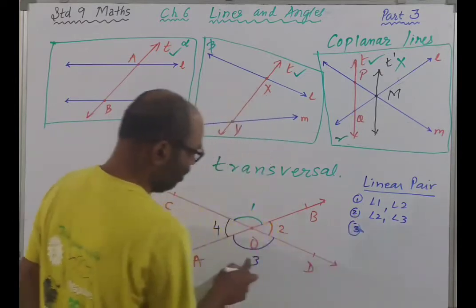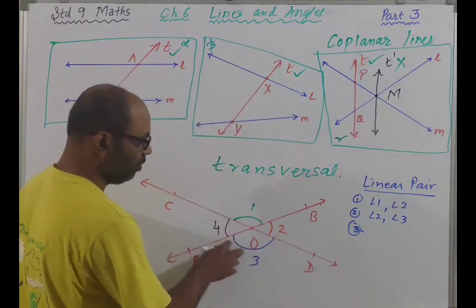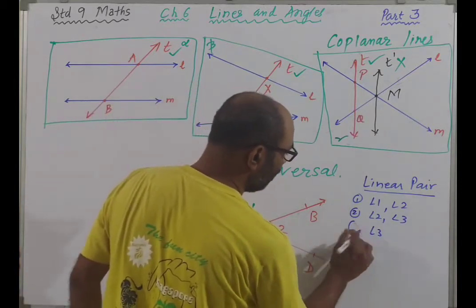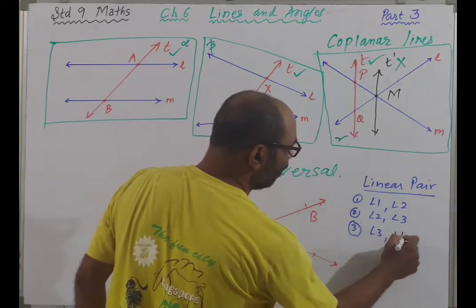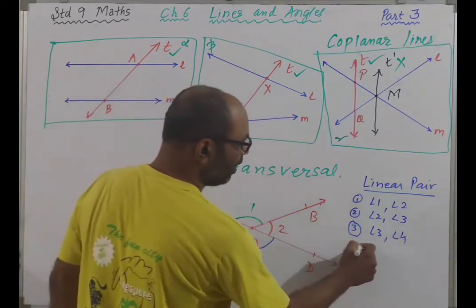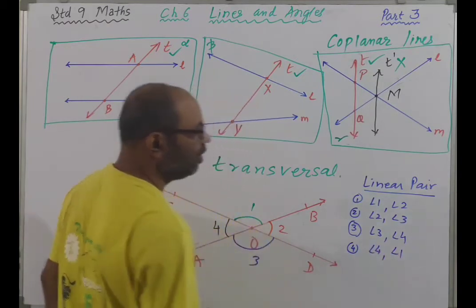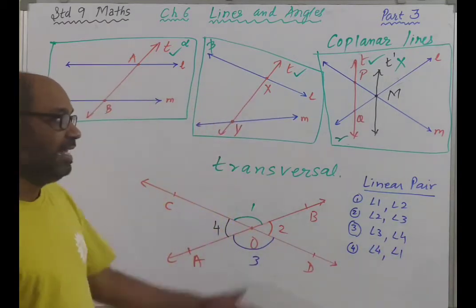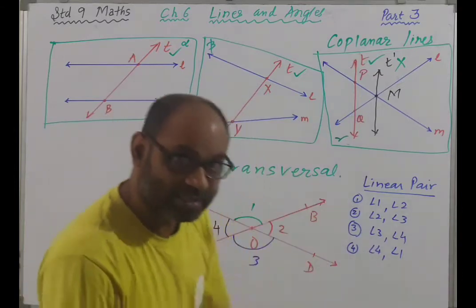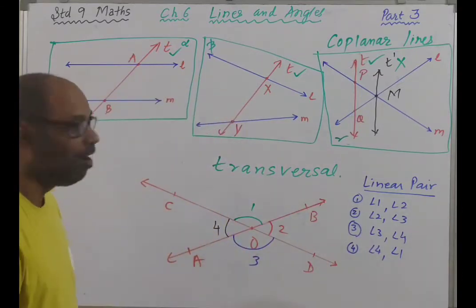Third pair, angle 3 and angle 4 form a linear pair. Then angle 4 and angle 1, the fourth one. So four linear pairs of angles are formed when two lines intersect. We have already seen that, but revision today is important.